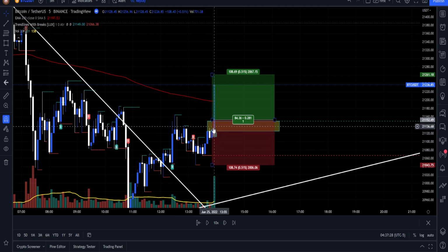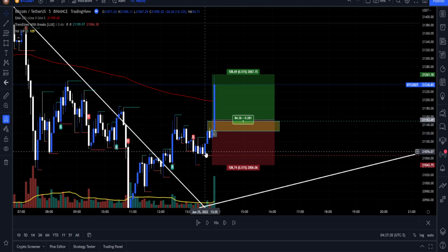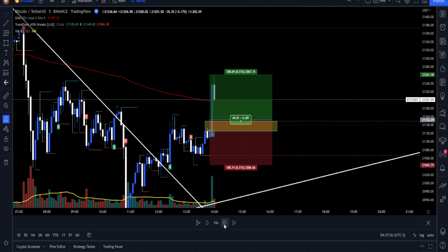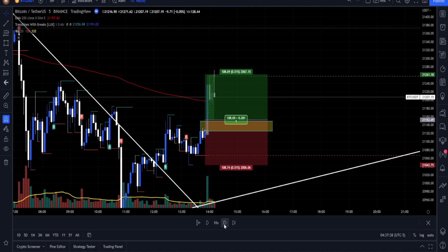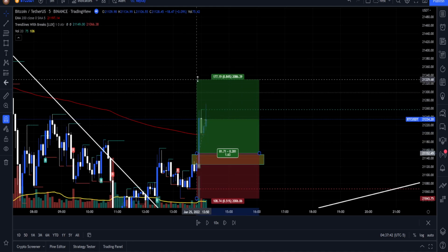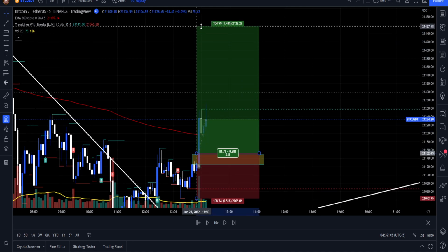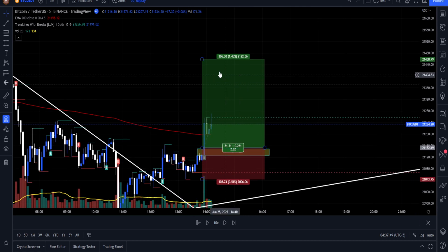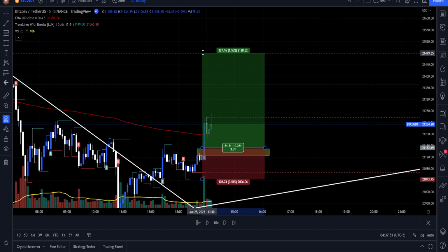And then we looked for price to start moving up on the 5 and enter on break of structure. And there you have your 1-to-1, and from there you can look for higher risk reward targets. I like to use the 3-to-1 as my target, but to each their own.